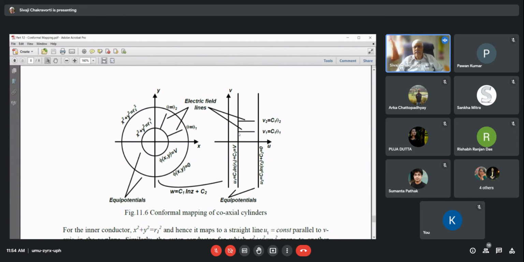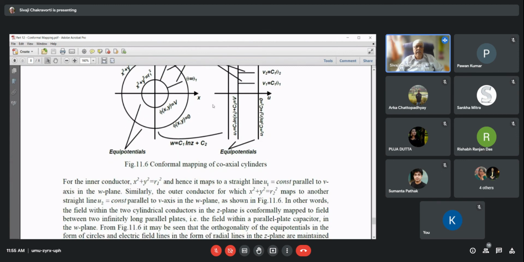Similarly, this radial line theta is equal to theta 2 will be transformed to V2, which is C1 into theta 2, again another horizontal line. So you can see now that the vertical lines are equipotentials and horizontal lines are the field lines, and therefore the isogonic property is perfectly maintained. That means they are orthogonal to each other.